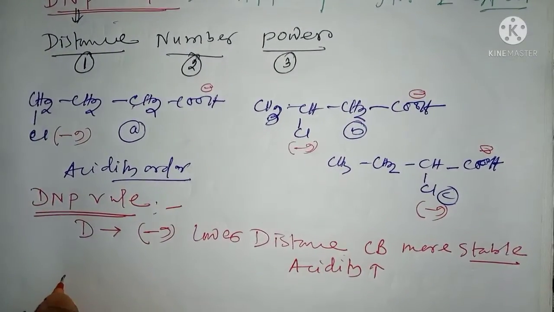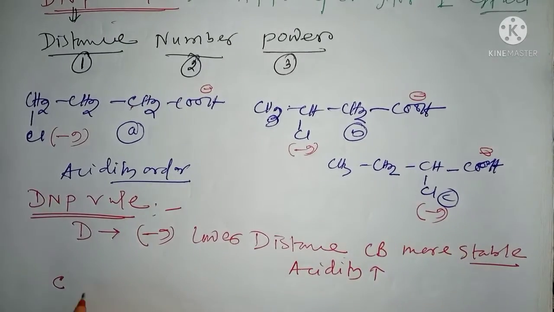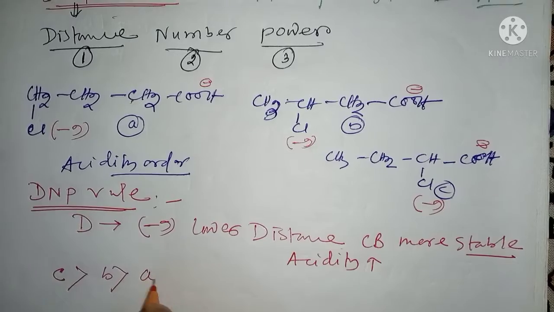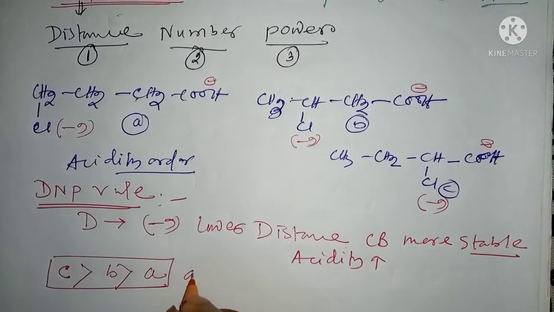So option C is most acidic, then option B, then option A. This is the acidity order.